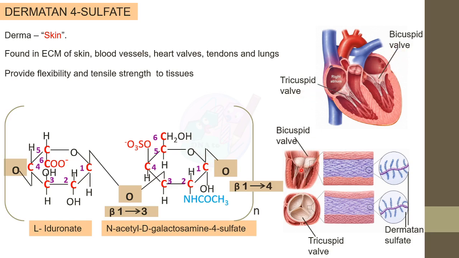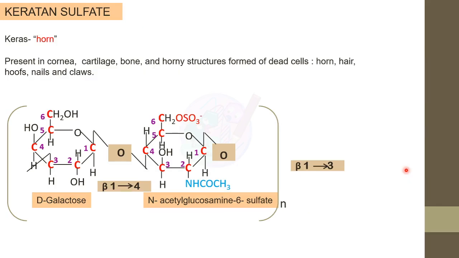These valves have dermatan sulfate. They also exist as proteoglycans. This central region is protein, and these hair-like structures are the heteropolysaccharide dermatan 4 sulfate. They provide flexibility, help in movement, and provide tensile strength to the tissues.